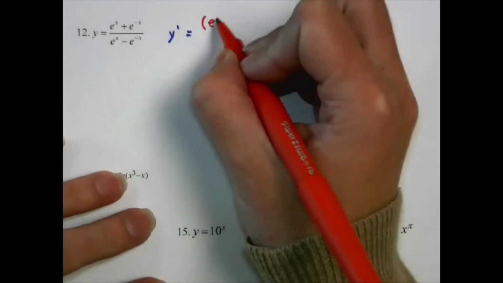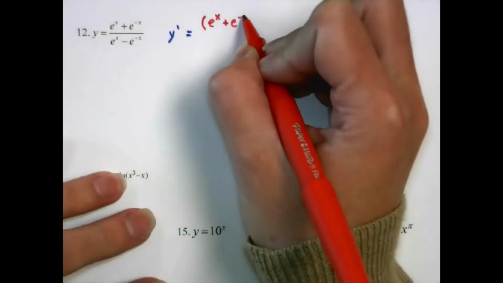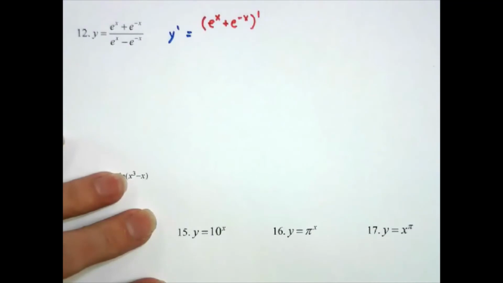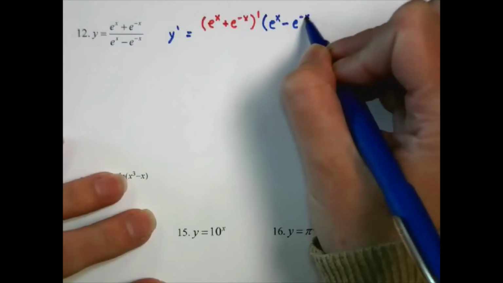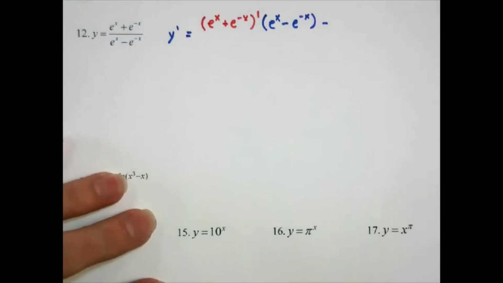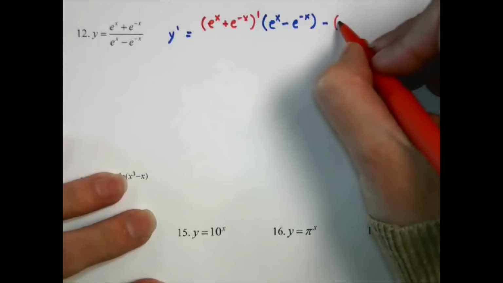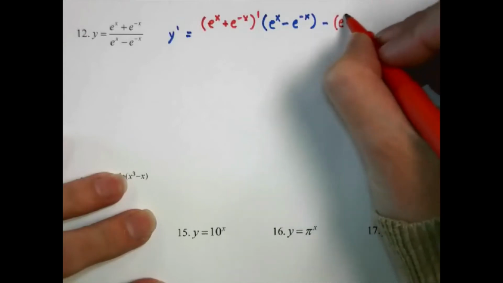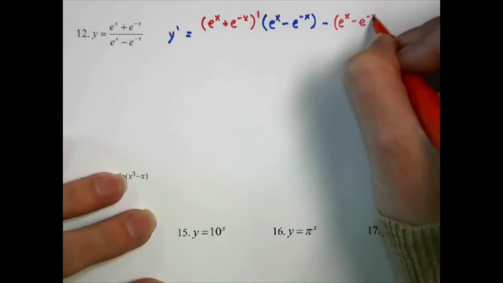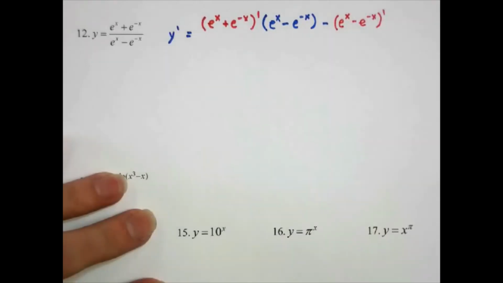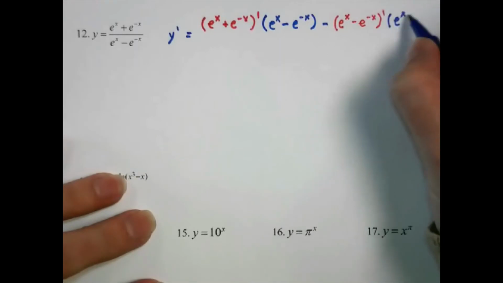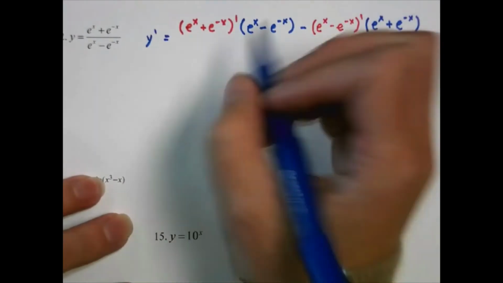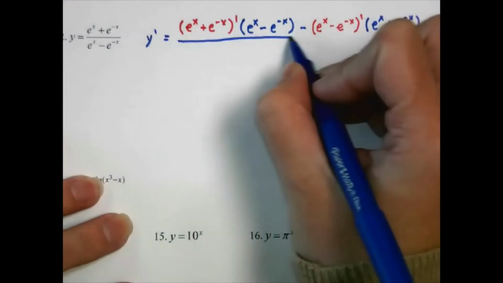So we're going to have the derivative of the top times the bottom minus the derivative of the bottom times the top, okay, all of this over the denominator squared.